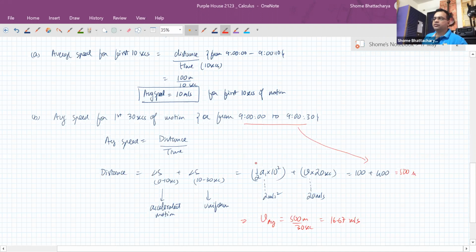Calculate the distance separately for the first 10 seconds, which is coming from this formula, half at square, accelerated motion. And then calculate the distance traveled in the next 20 seconds. The car is going at a constant speed of 20 meters per second for 20 seconds. So what's the total distance? 20 into 20, 400. Is it clear now? Yes, sir. Got it.